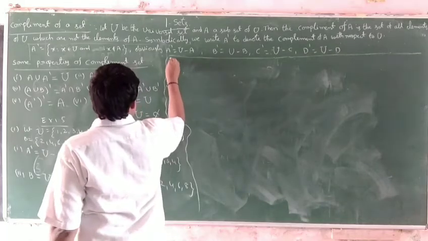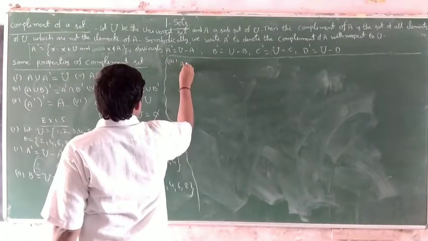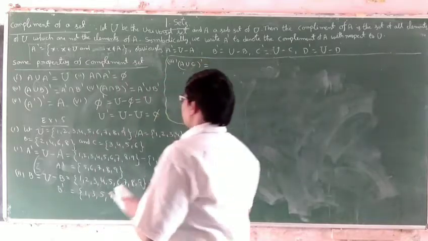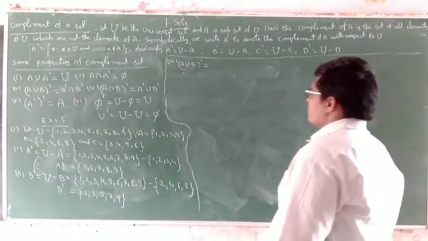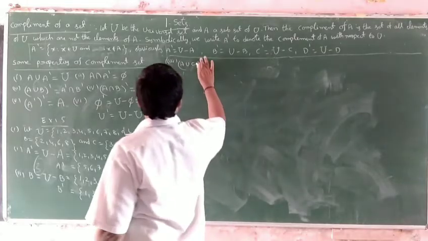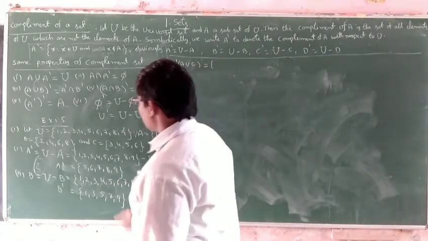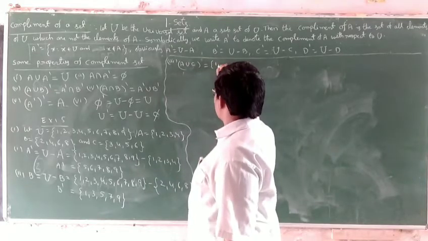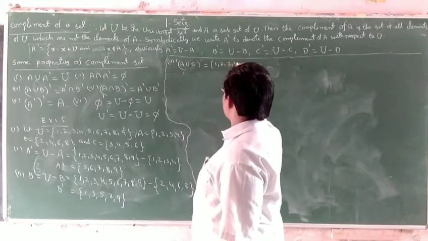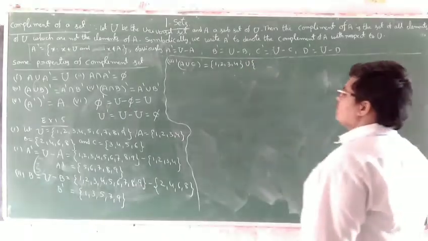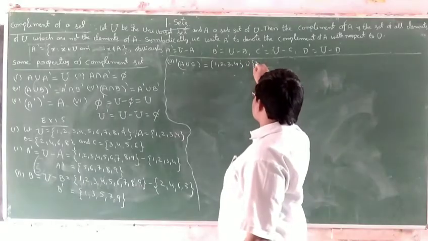Next, the third one is (A union C) whole complement. So first of all, A union C. What is A union C? A is equal to {1, 2, 3, 4}, union C, where C is equal to {3, 4, 5, 6}.